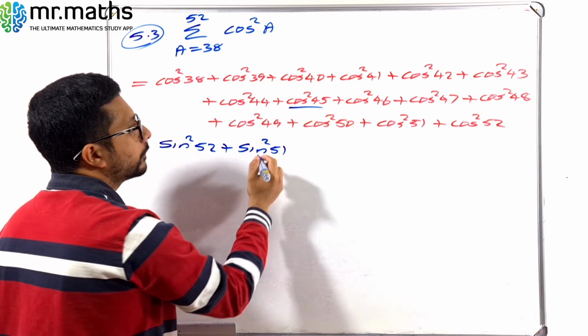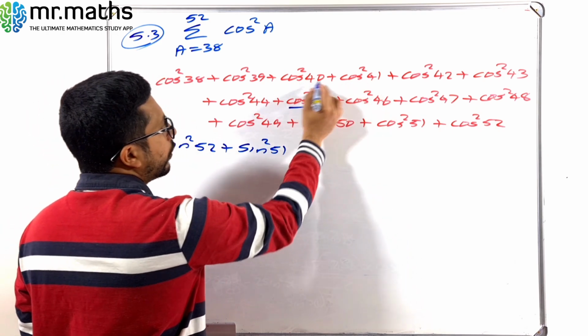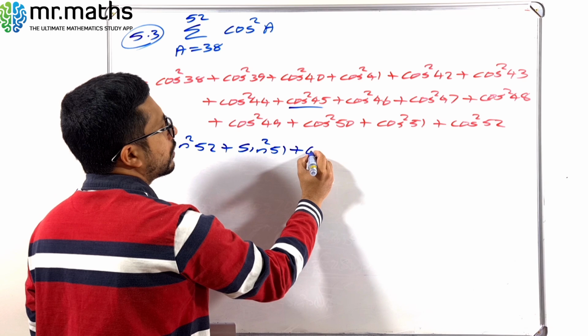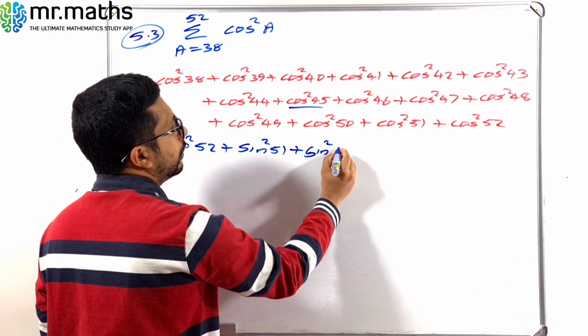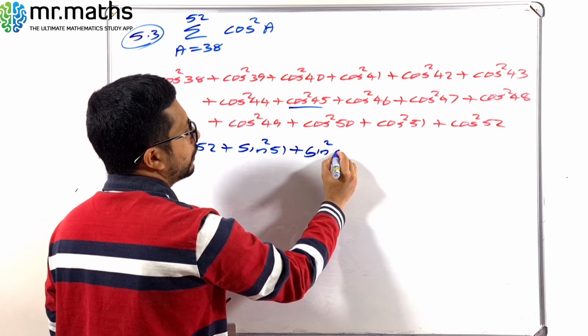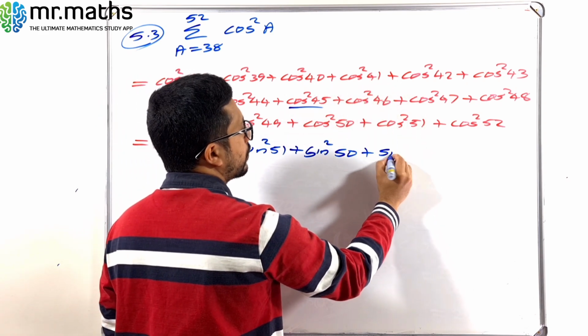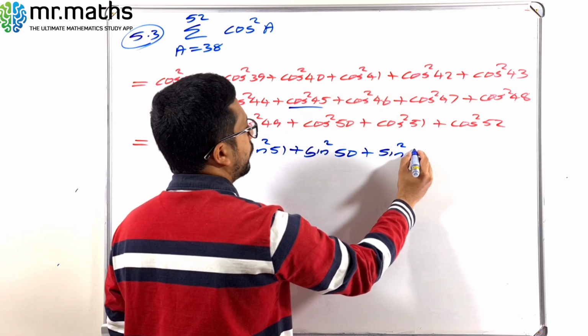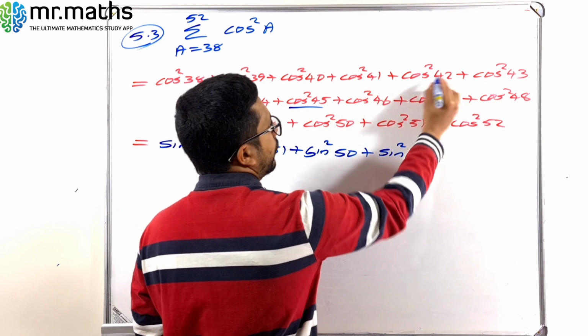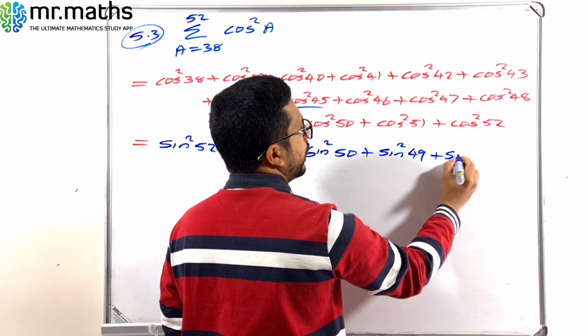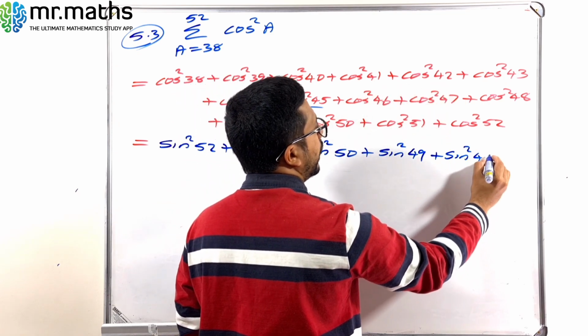Let's check anyway. Then cos square 40 is the same as sine square 50. Then cos square 41 is the same as sine square 49. Cos square 42 is the same as sine square 48.